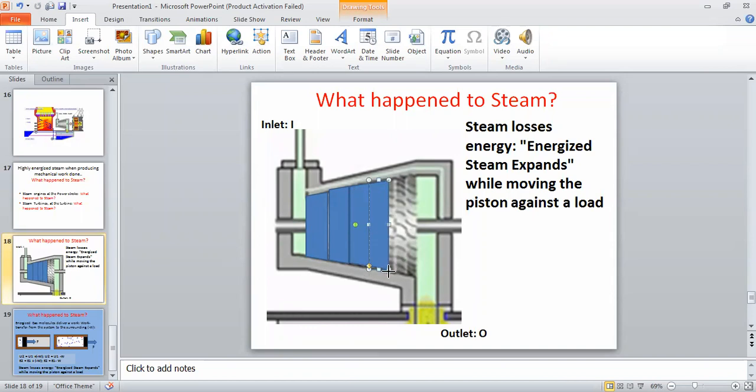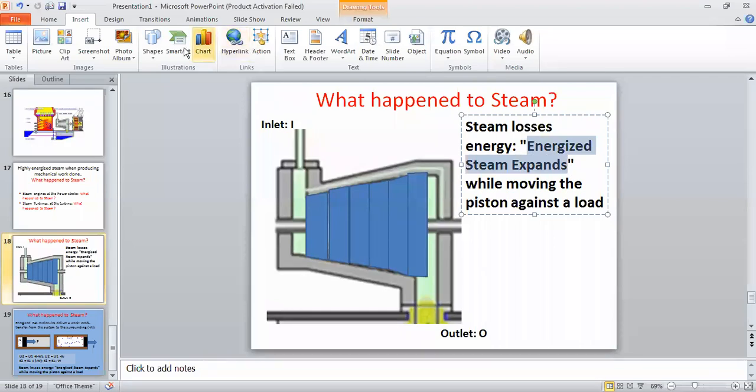So likewise, it comes here. Expansion. So energized steam expands.